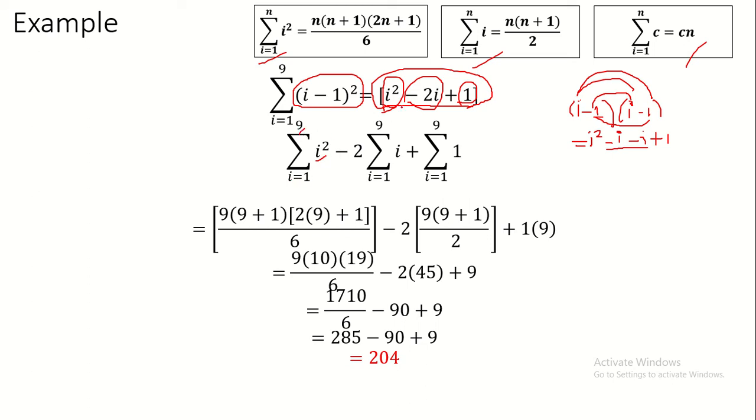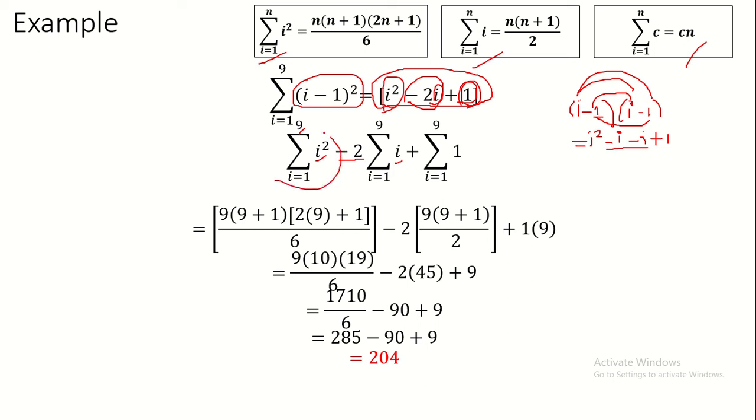And then minus, we will move in front the negative 2 times the summation of i, the i that remains here, from i equal to 1 up to 9 plus the constant 1. So the summation of 1 from i equal to 1 up to 9.